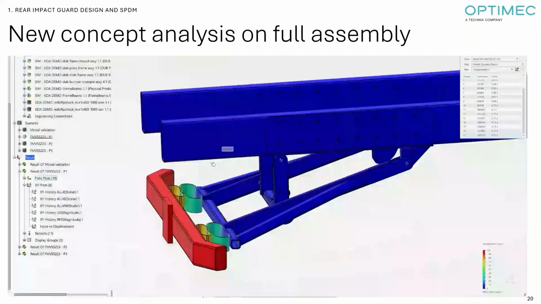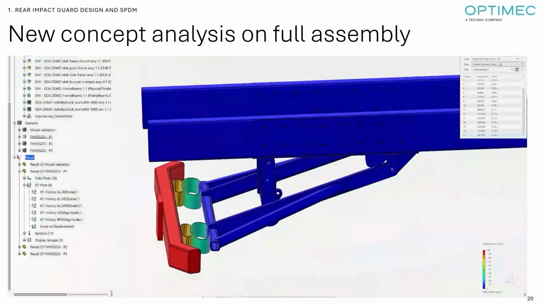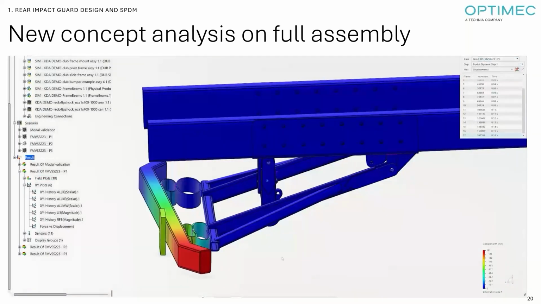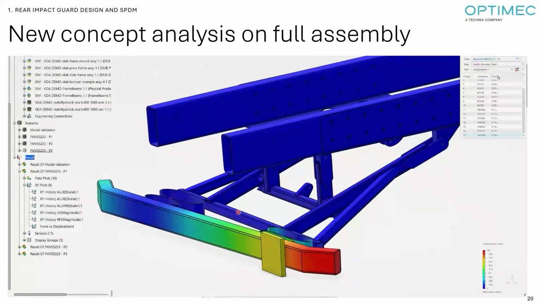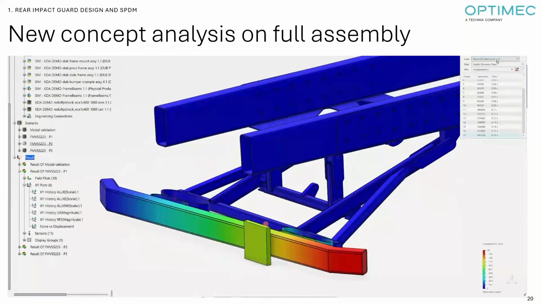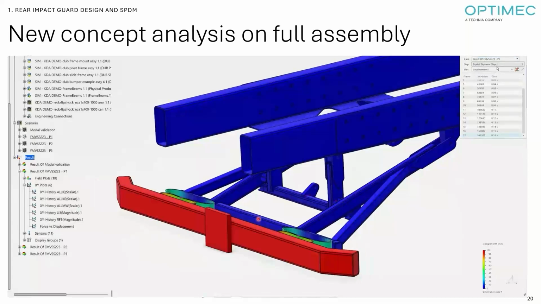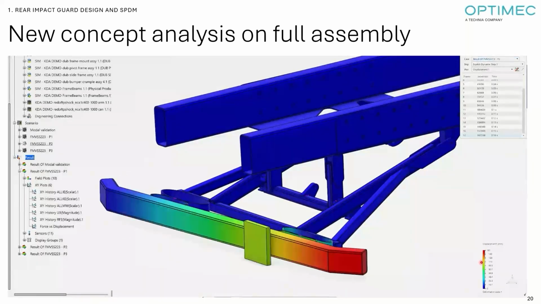And we proceed with the same workflow, but instead of having just the sub-assembly of the bumper, we included the whole assembly because we realized that the boundary conditions in that tube were a bit too restrictive. So using the full assembly, we have 3 different analyses with 3 different positions of the application plate to make sure we cover the full scope of the standard.